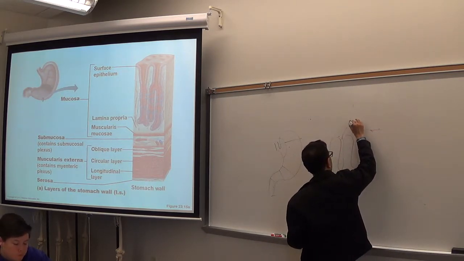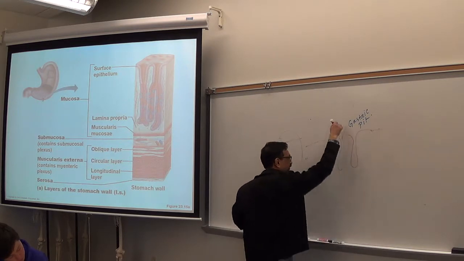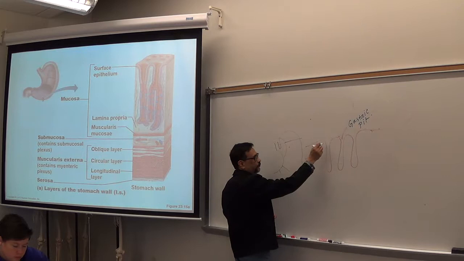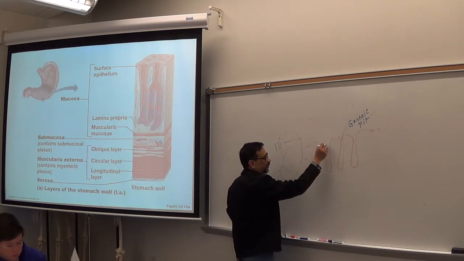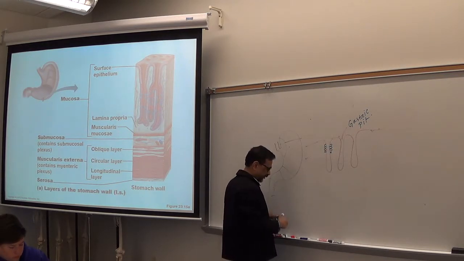So gastric pit is the opening, and here you have different types of cells.